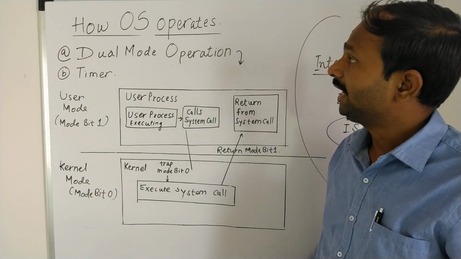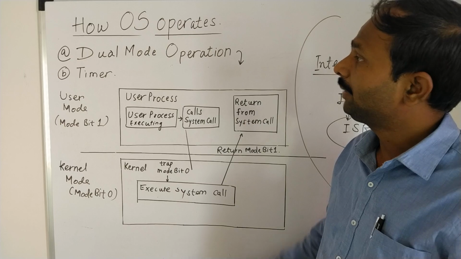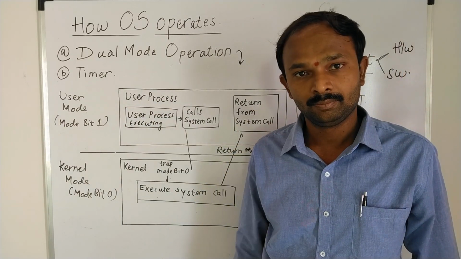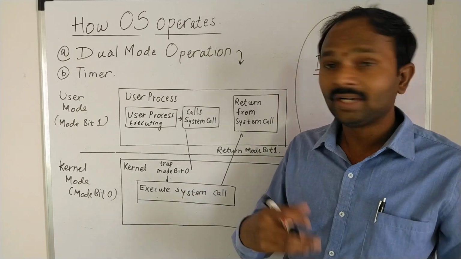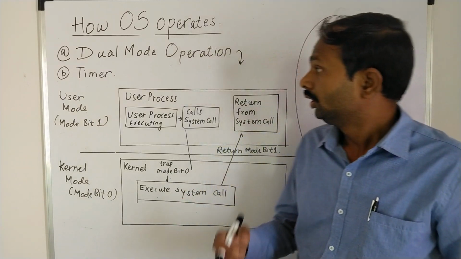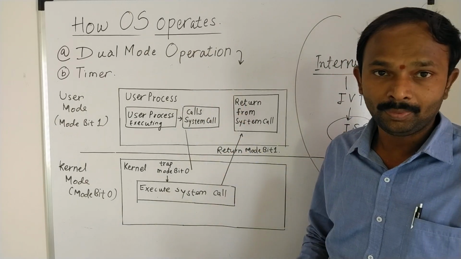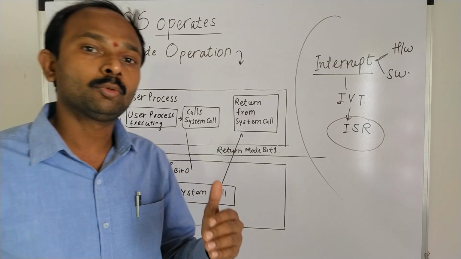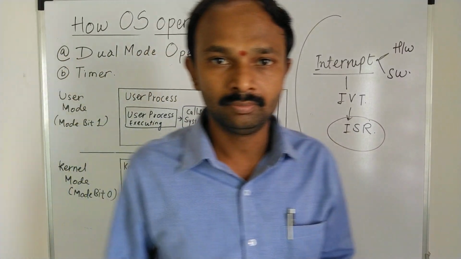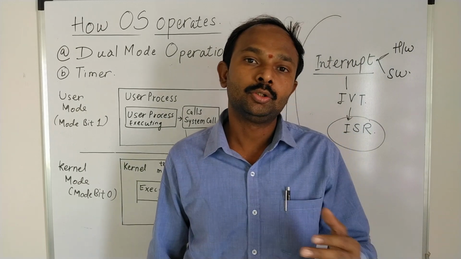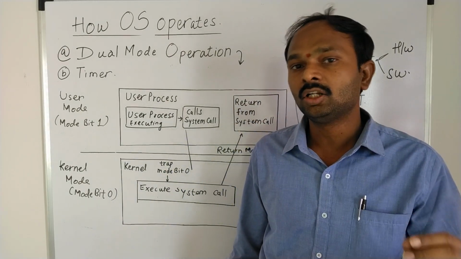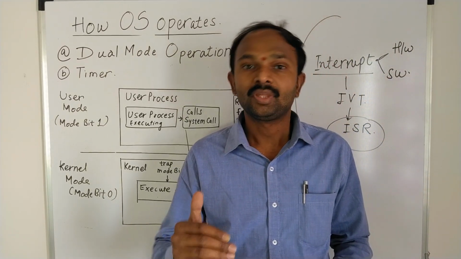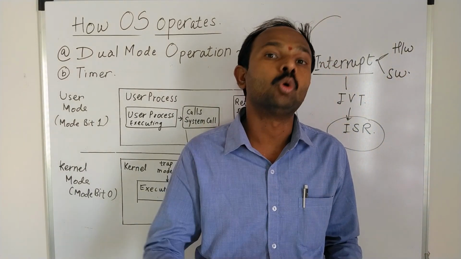Now an operating system may perform a dual mode operation, or it may use a timer, and this is how the operating system operates. When it comes to dual mode operation, there are user mode and kernel mode in an operating system. Whenever you press the power button of your computer system, the control goes from the hardware to kernel mode.